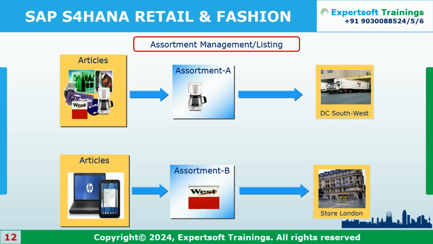This is again a pictorial demonstration of the assortment listing topic, articles being listed to the DC, articles being listed to the store. It is absolutely essential that a product which has to be used in the entire supply chain management cycle in retail should be listed in the distribution centers as well as the stores.